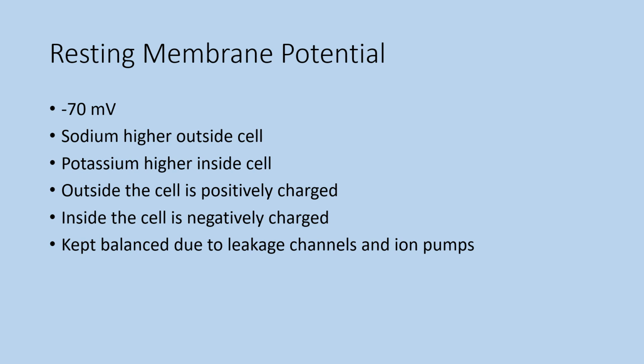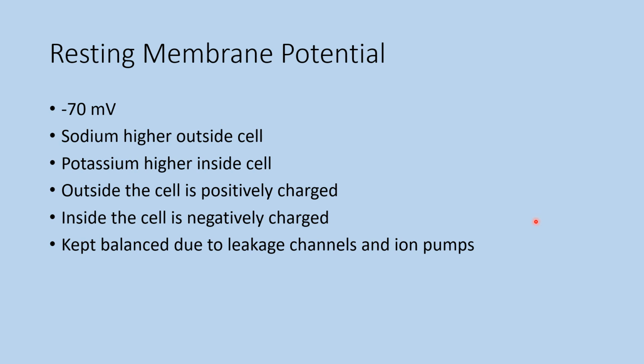How do you maintain that? Well, you have got some of these leakage channels. So like potassium, we know there are leakage channels with potassium. Potassium is wanting constantly to flow out. It's higher inside, so it wants to flow outside. How do you maintain this minus 70 millivolts?